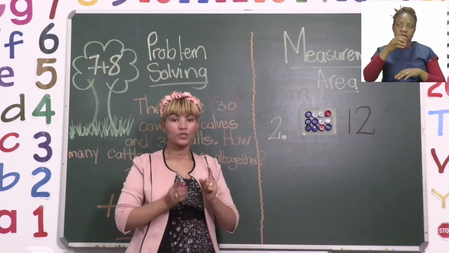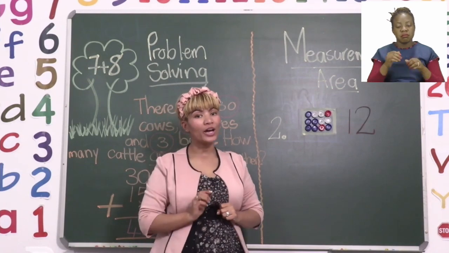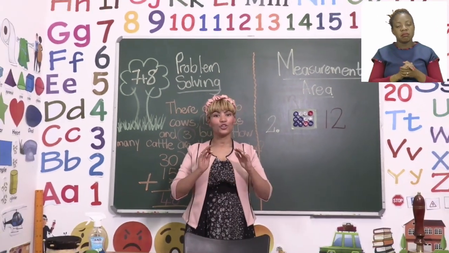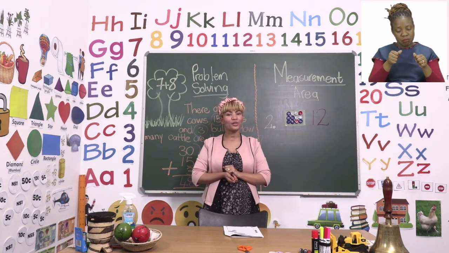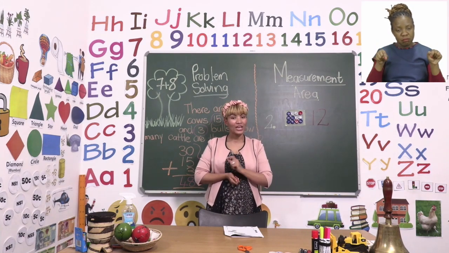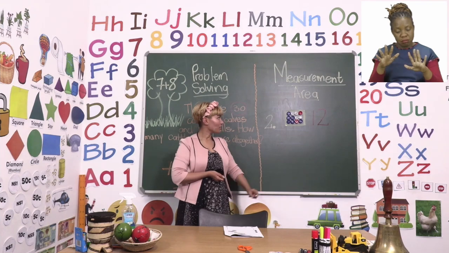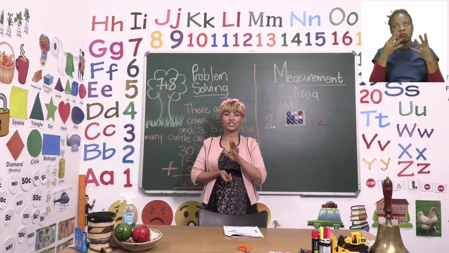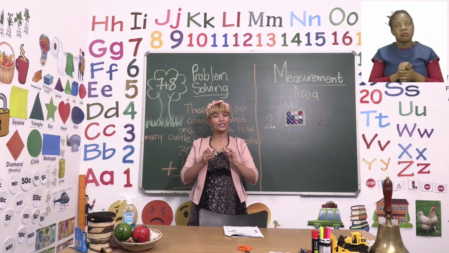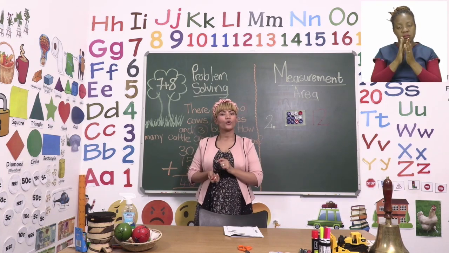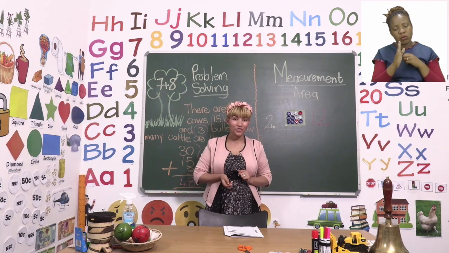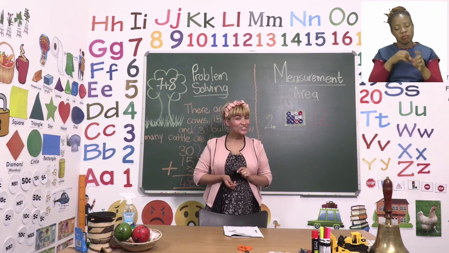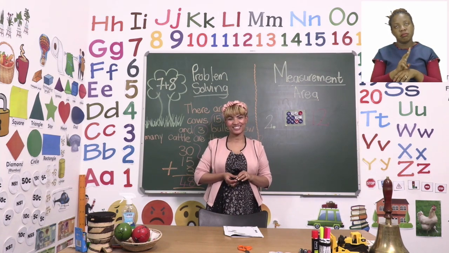So you go ahead, you find your bottle caps, you paste them on your shape, and then you count how many bottle caps you used. Don't forget, make sure you go back and measure the surface area of all the items given to you at number 1. Have fun measuring. I will see you shortly after the ad break.